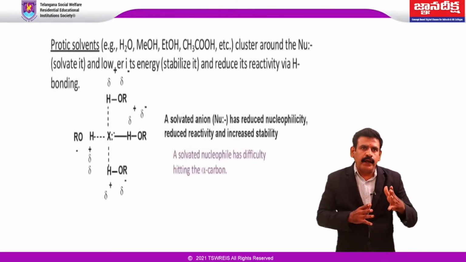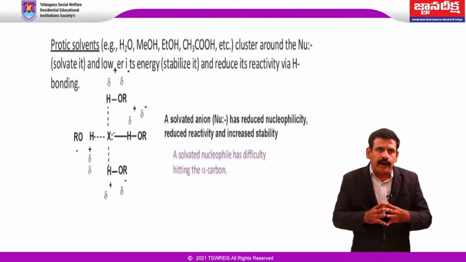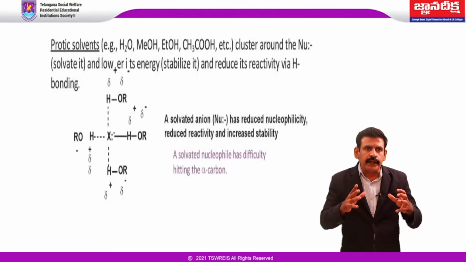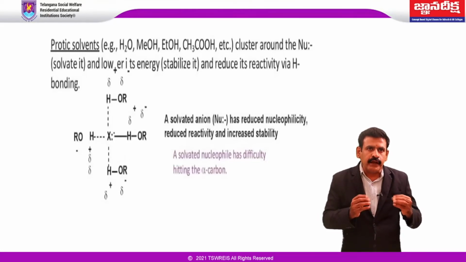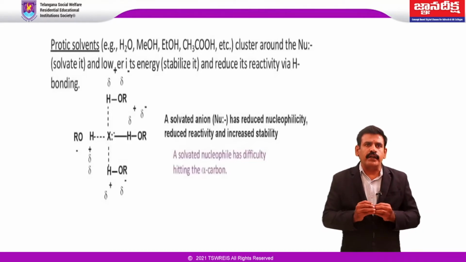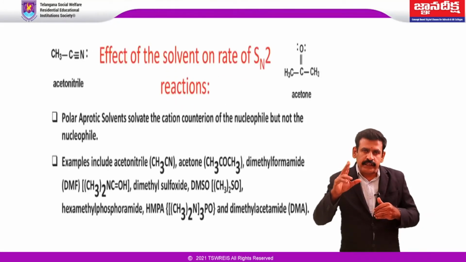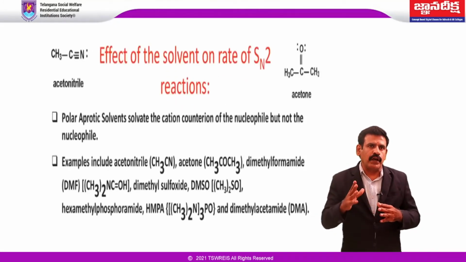See here, a solvated anion nucleophile has reduced nucleophilicity; a solvated nucleophile has difficulty hitting the alpha carbon. See the effect of solvent on SN2 reactions, first acetonitrile, and then dimethyl ketone, also called acetone.